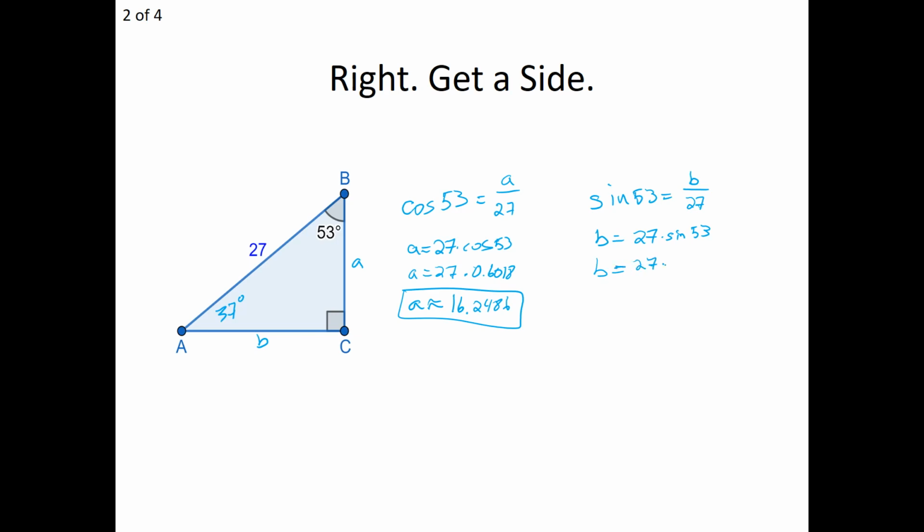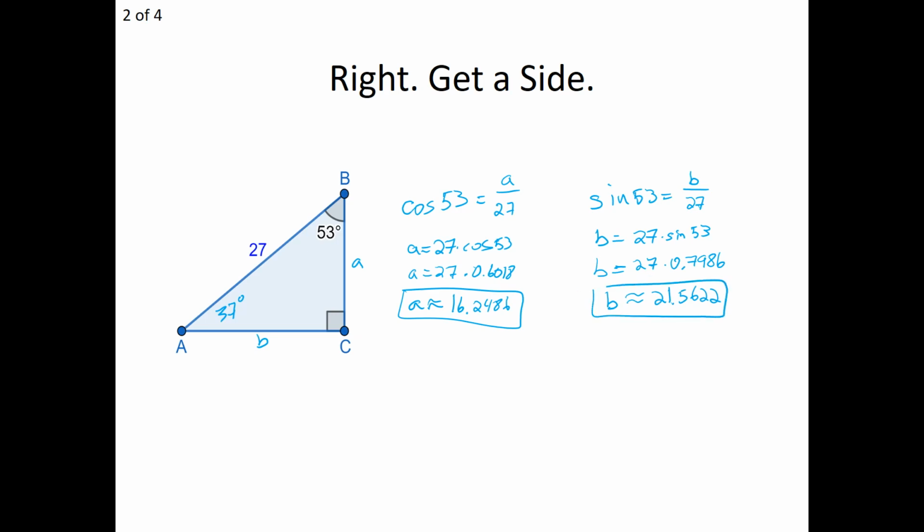So it's really 27 times the ratio that sine 53 spits out, which is 0.7986. Multiplying those two numbers together, and again, I'm going to use my approximation symbol here, B is approximately 21.5622 in length.